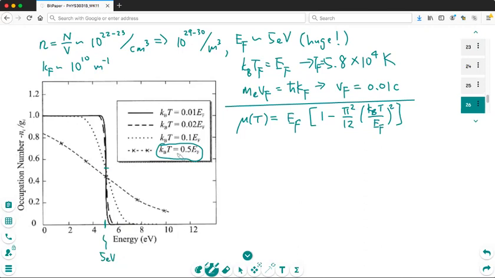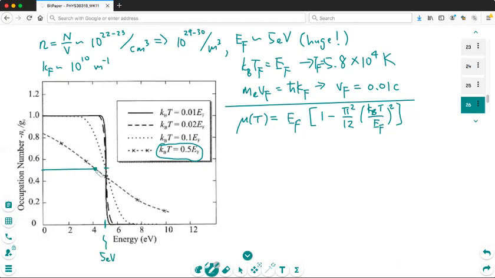Now look at this. How do I identify the chemical potential for this case? I use the definition: the chemical potential is the energy when the Fermi function takes the value of 0.5. So let's do that. 0.5 is roughly here. I will draw a horizontal line, and then I hit this line here. Then I can identify the chemical potential, which is different from the Fermi energy.